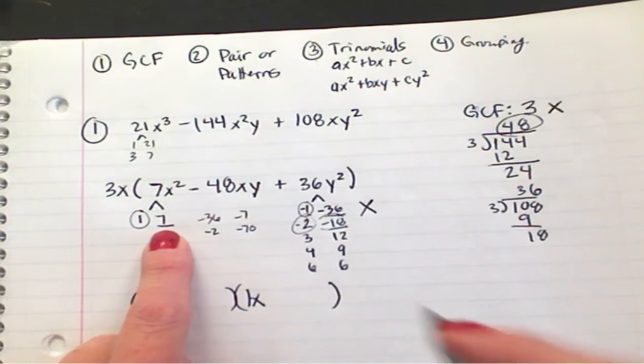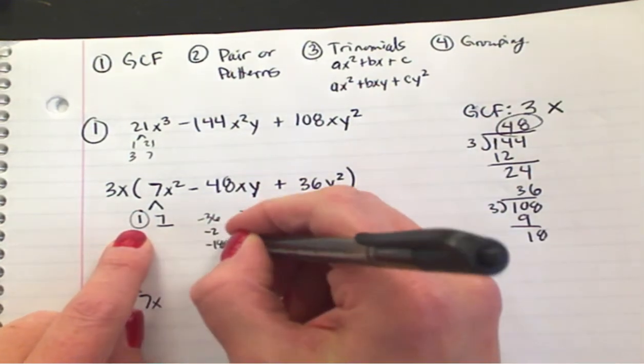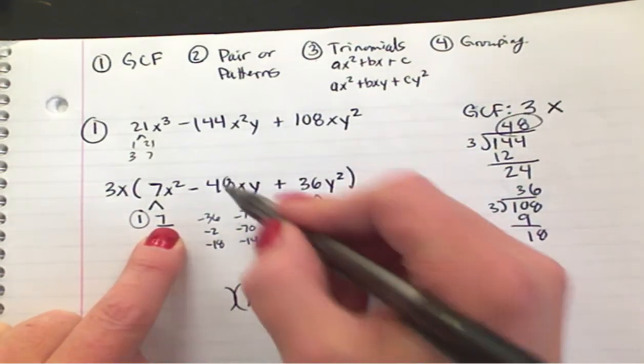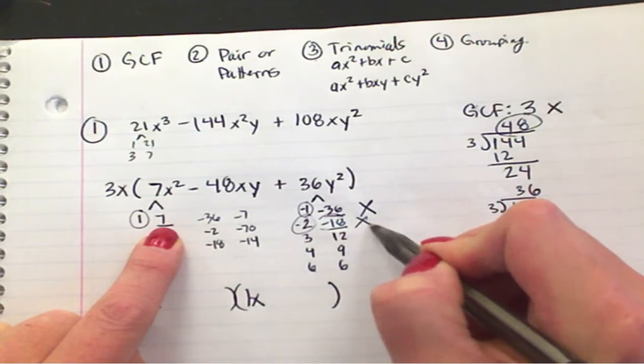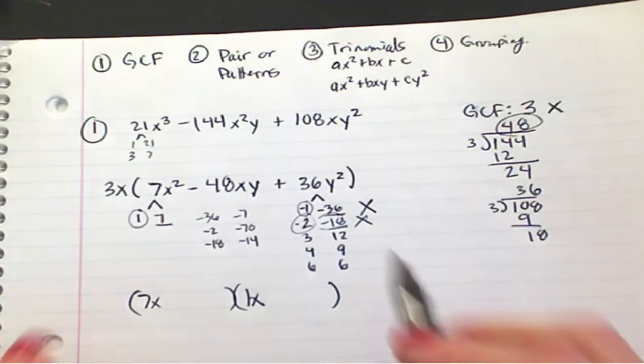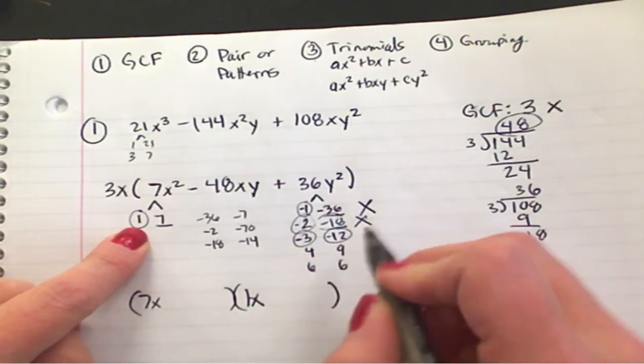Not it. So I'm going to try it. One of each. -18 and -14 does not add to negative. I'm trying to get to -48. Next.